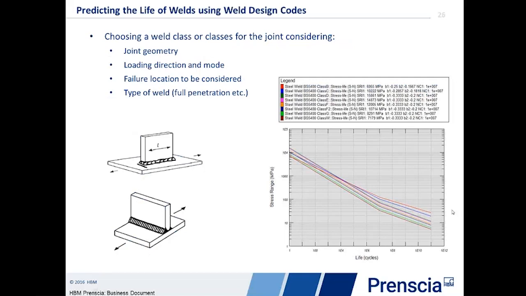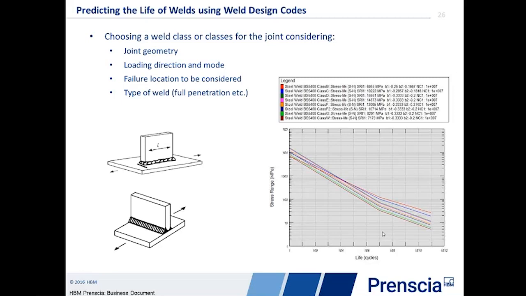What I have here are the weld curves from the British Weld Standard, but if you look at almost any standard, you'll see a whole family of curves, and you go through this classification process, which covers not only part and weld geometry but also loading, to pick the proper curve.